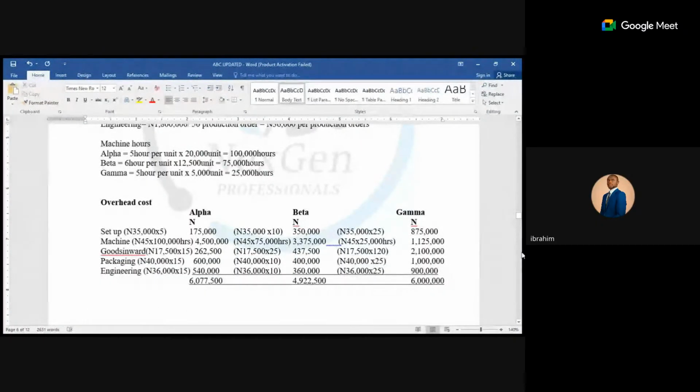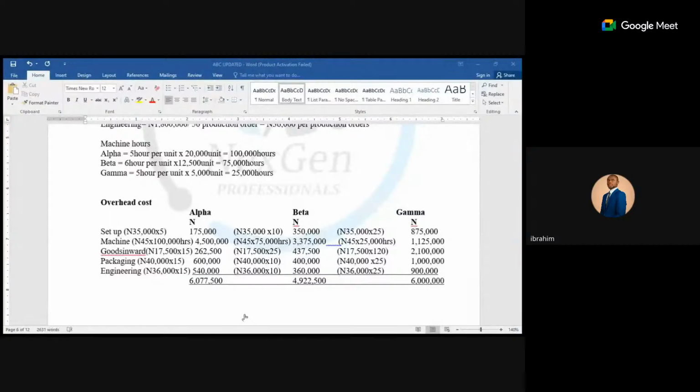Don't forget that we want to determine the unit cost. Unit cost means the cost you will incur in producing that product. And what are the costs?